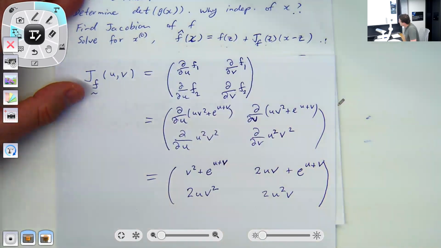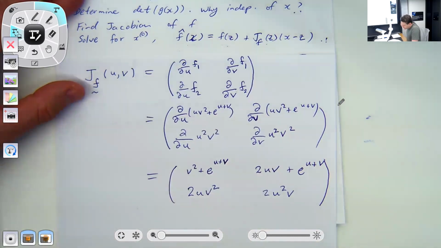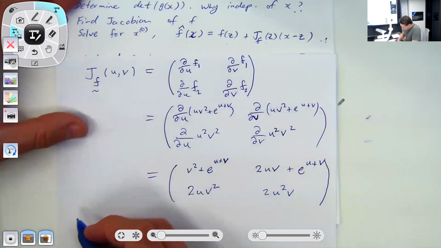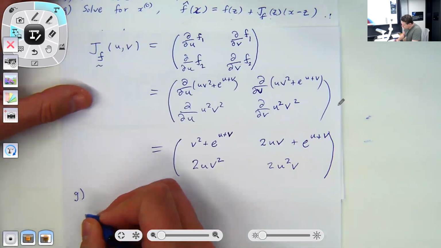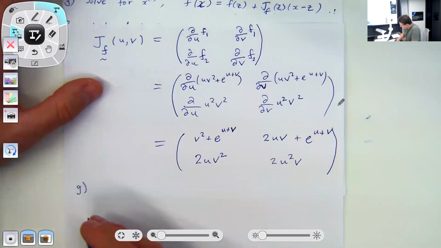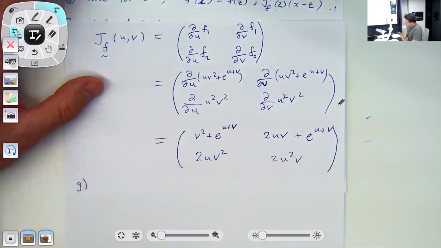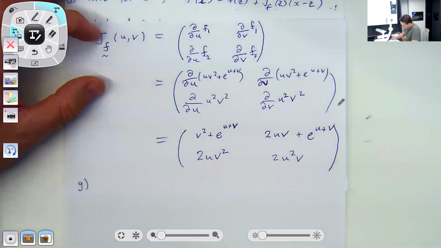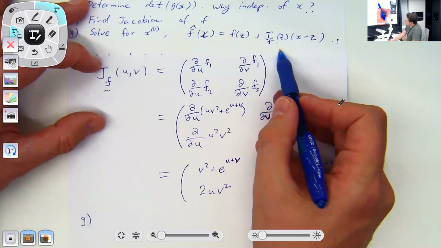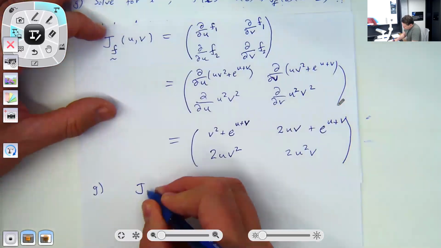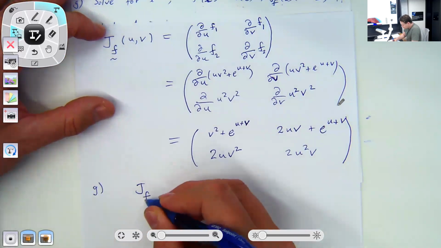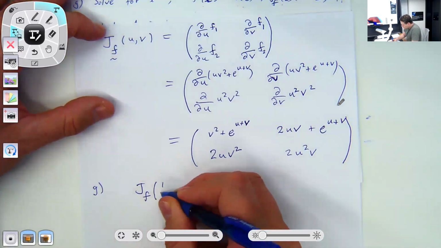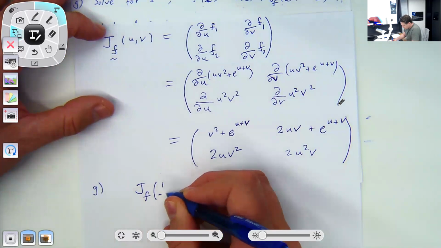That I haven't written on there, unfortunately, but that's what we've got to do. Okay, so I'll write G down here. The first thing we'll want to do is calculate the Jacobian at z, because the Jacobian at z appears right there. So I want the Jacobian of our vector function f at 1, minus 1.